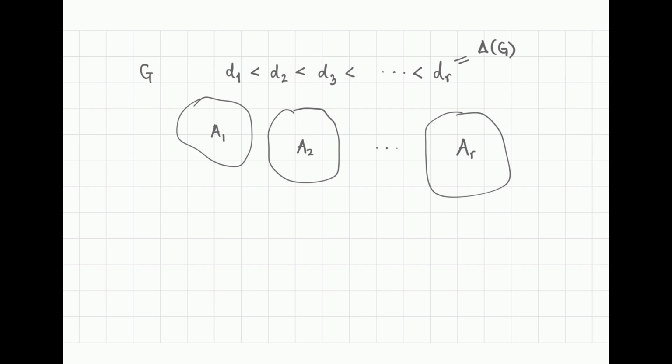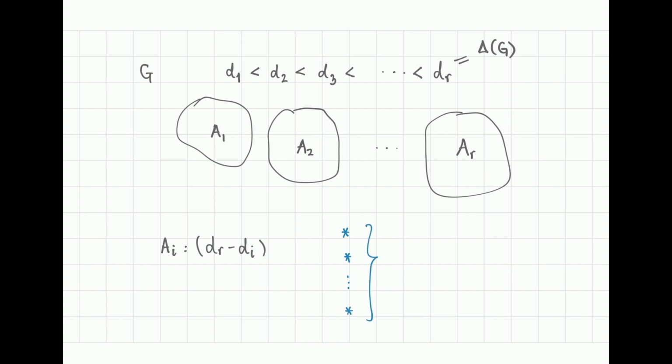So in particular, if you look at all the vertices in AI, they are falling short by DR minus DI. So what we want to do is, for any vertex in AI, we want to introduce a group of deficit many vertices.